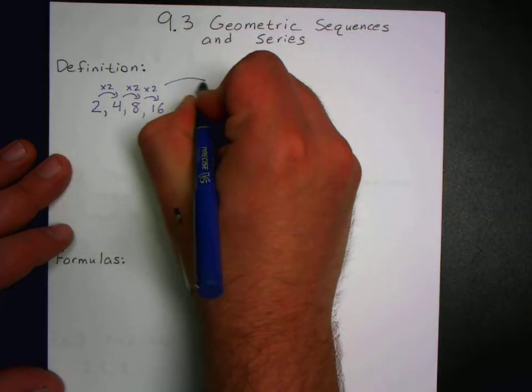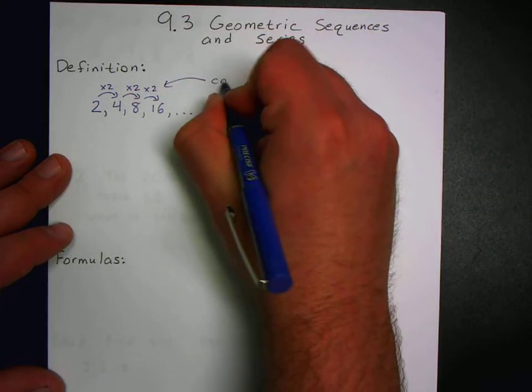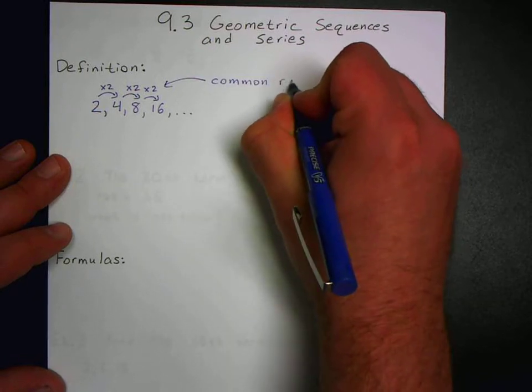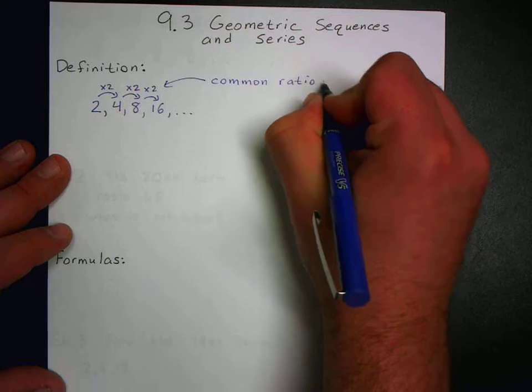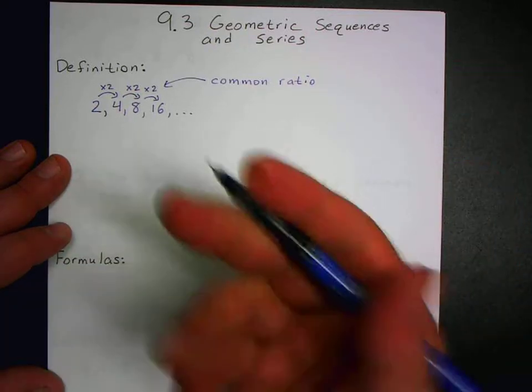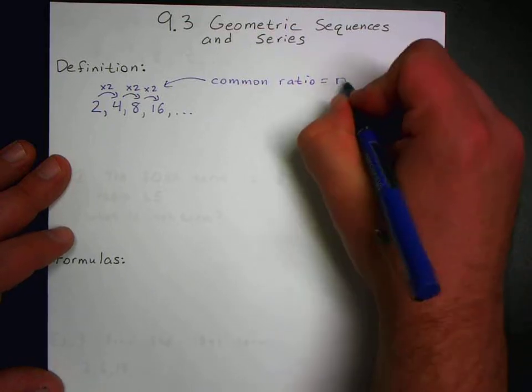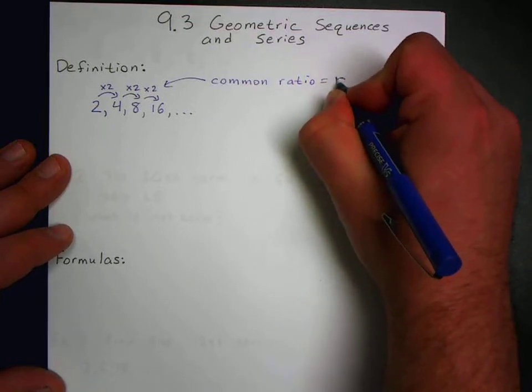What you multiply by each time, that's called your common ratio. You can always get your common ratio by taking 2 consecutive terms, which they always use R to represent. I should give you that.